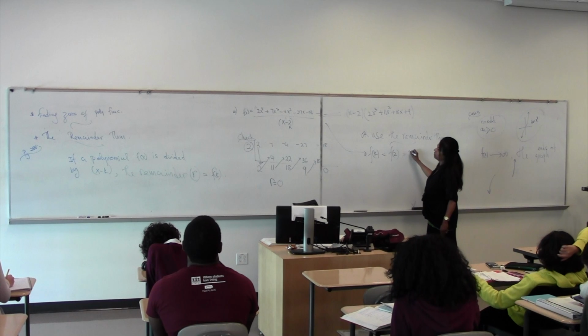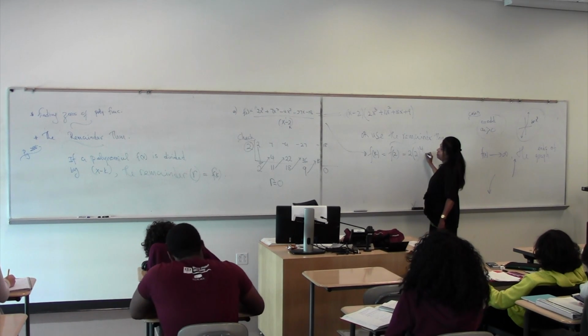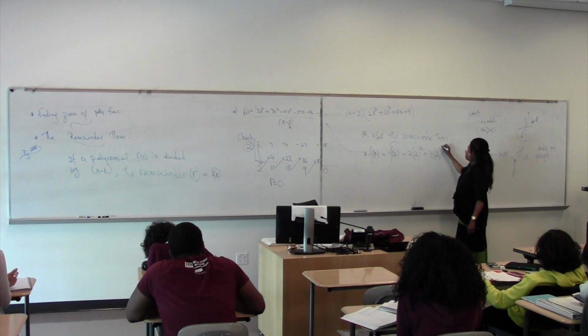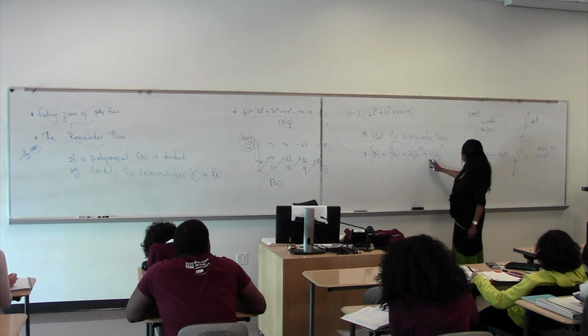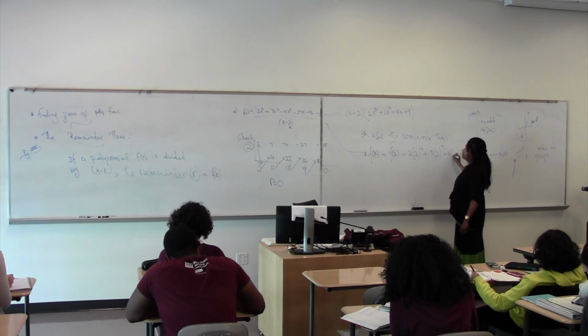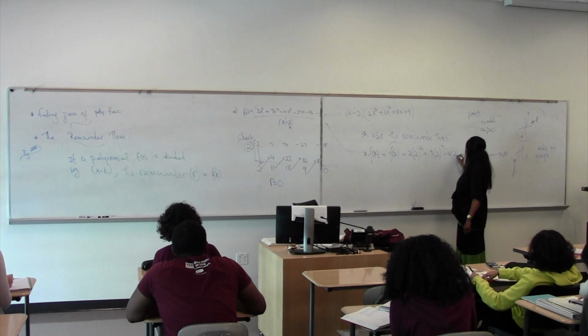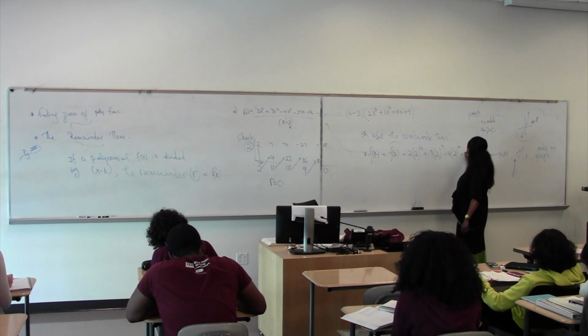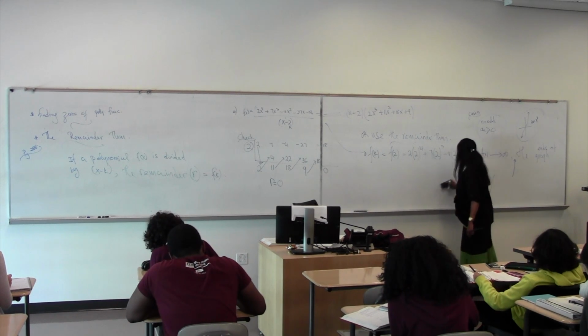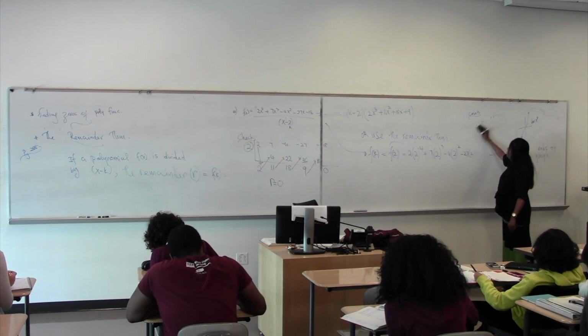f of 2 is equal to 2 times 2 to the power 4 plus 7 times 2 to the power 3 minus 4 times 2 squared minus 27 times 2 minus 18. You know how to evaluate, right?